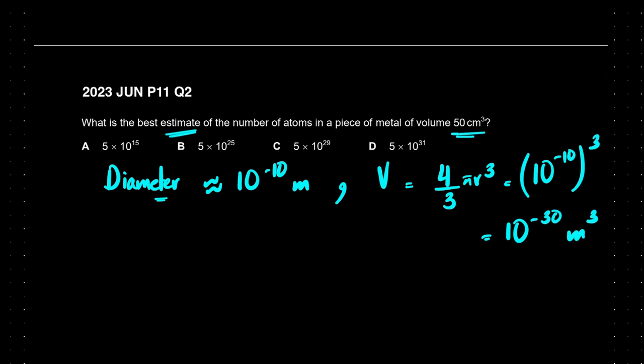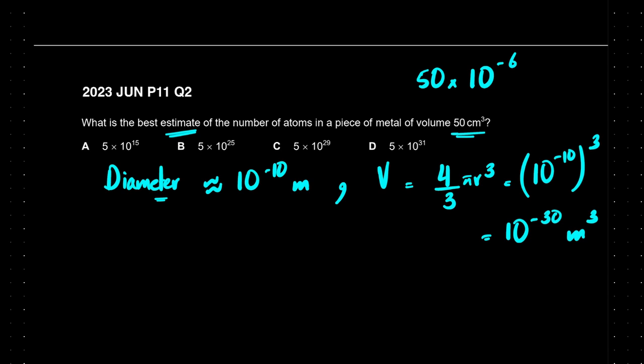So one atom has a volume of this much. Now this is meter cube and this is centimeters cube, right? So 50 centimeters cube would be 50, and 1 centimeter is 10 to the negative 2 meters, so this would be 10 to the negative 6, again because of the cube.